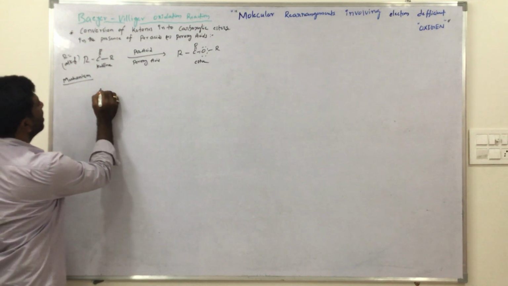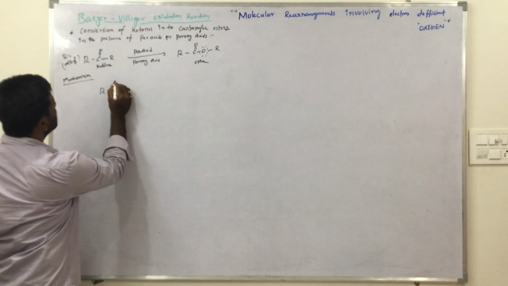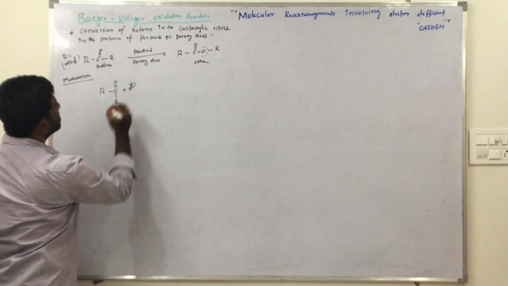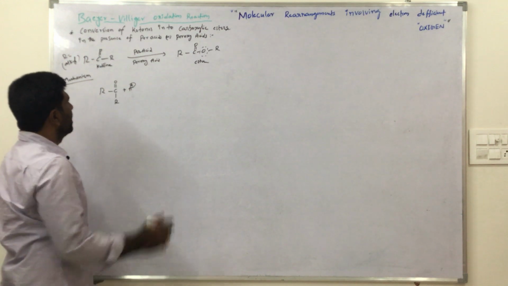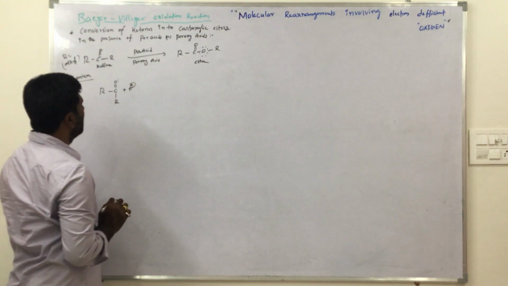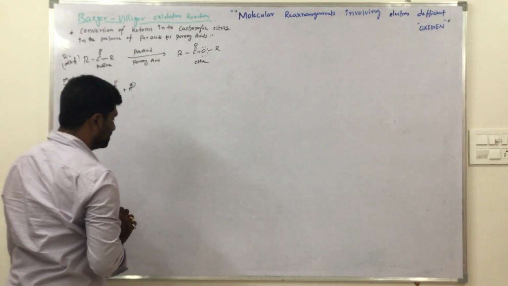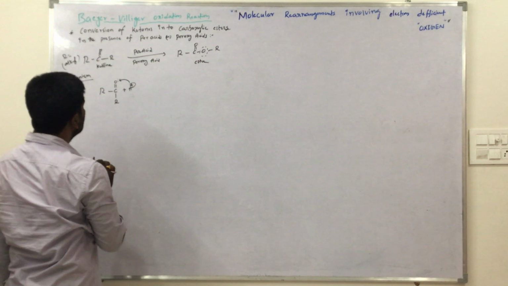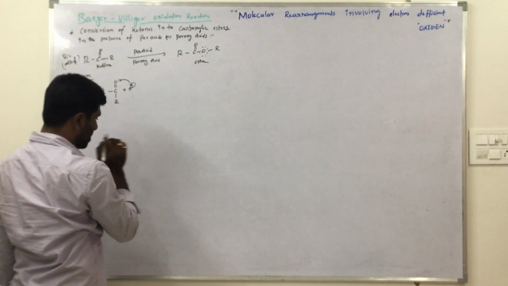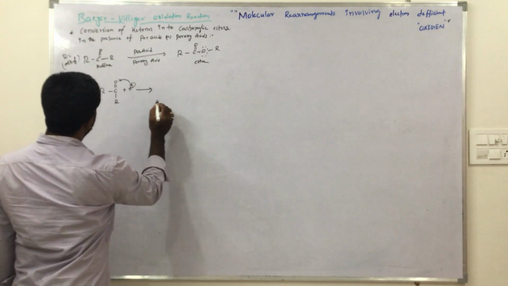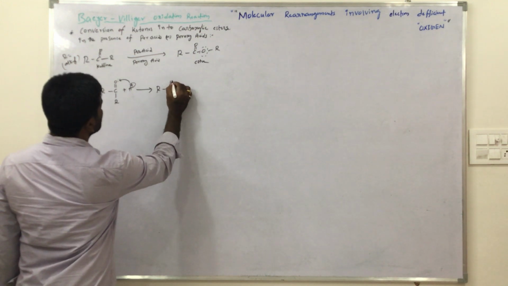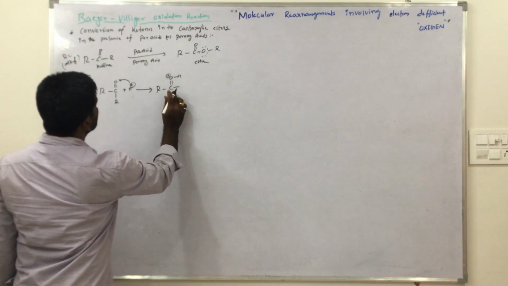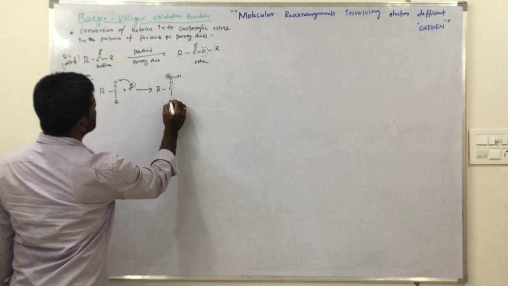We take the keto compound and H plus. We have a lone pair of electrons, to produce R C double bond O H plus, and this is the R group.